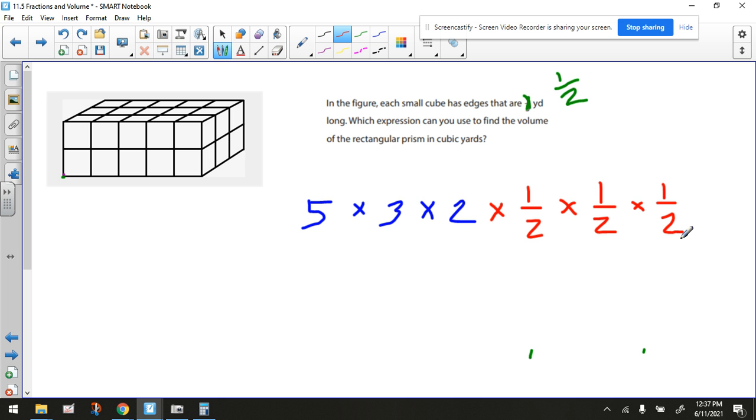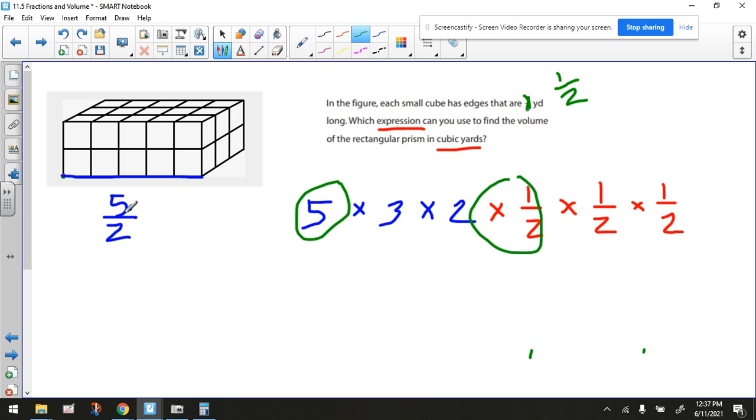All right, now let's make sense of this expression that we just wrote and why it would work to find how many cubic yards. If we actually counted out our half units, right? 1 half unit at a time. 1 half, 2 halves, 3 halves, 4 halves, 5 halves. So if we did this times this, we would get this number.